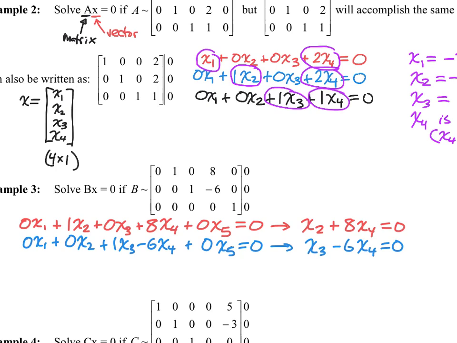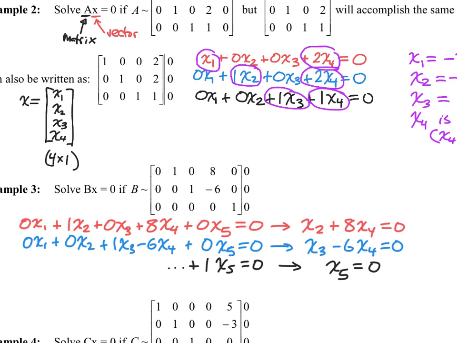And then the last one, I don't think it's overly necessary. I'll just do dot dot dot plus 1 x sub 5 equals 0. So you just get the actual particular value for x sub 5 that equals 0. Instead of writing 0 x sub 1, 0 x sub 2, 0 x sub 3, and so on, you just keep it relatively simple.